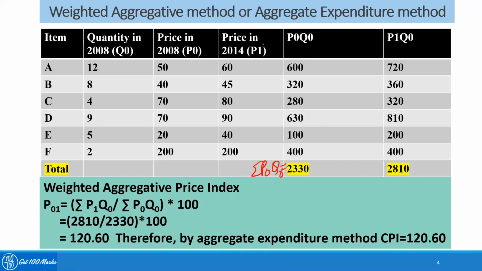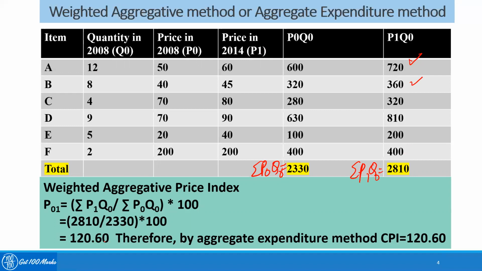Now, the prices of the current year P1 multiplied by the quantity of the base year Q0: 720, 360, and so on, and we have got the summation of P1 Q0 as 2810. Using the weighted aggregative method, the value is 2810 by 2330 into 100, and we get 120.60.